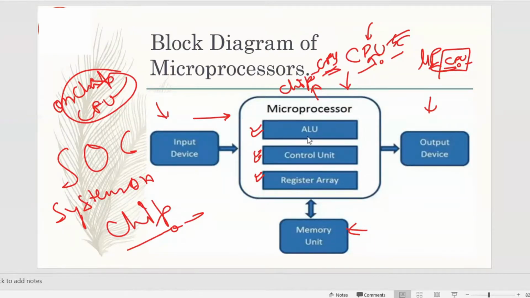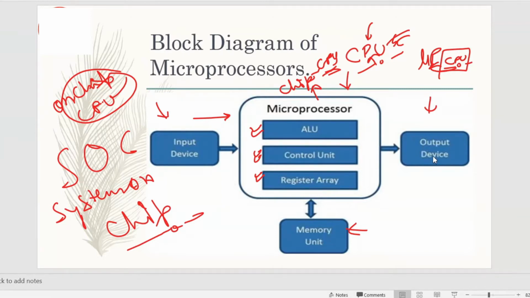Then it stores in the register array with the help of memory unit if it is needed in between. And finally, it puts on the display in the form of an output device. Do I need to go through that again? Yes or no? Quick. No, sir.